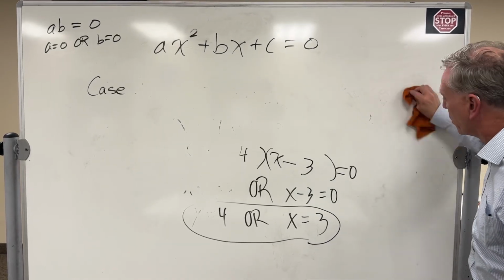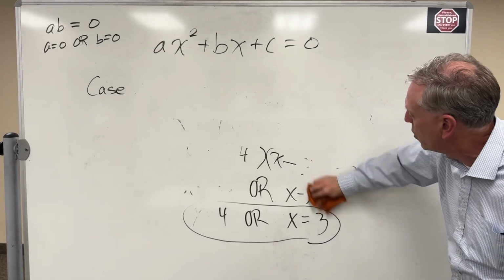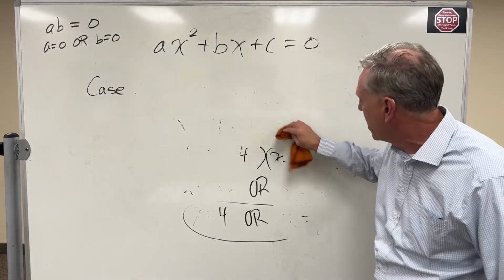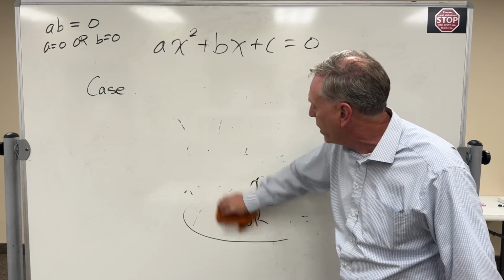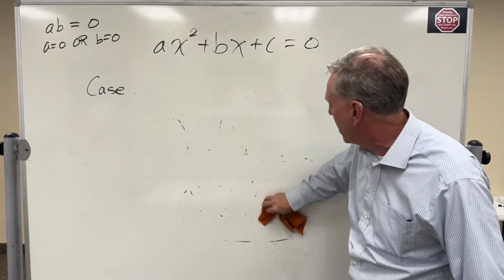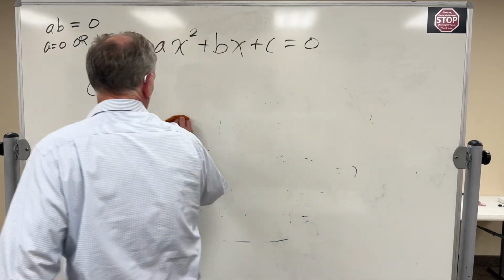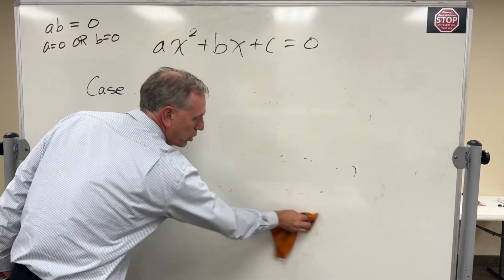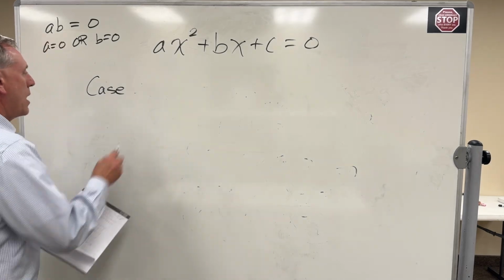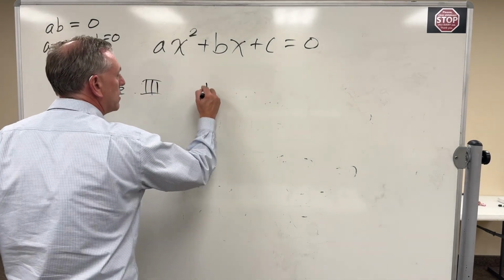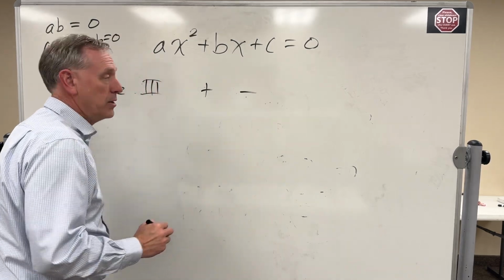So in cases 1 and 2, we were finding the two numbers that multiply together to give us the final C, and then finding what numbers add together to give us that middle number B. In this case, we're going to do the opposite. This is a situation where case 3 and 4 look like the following. So case 3 is a situation where we have a positive negative setup.